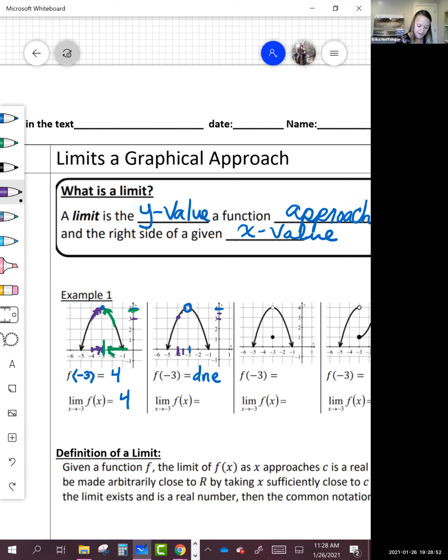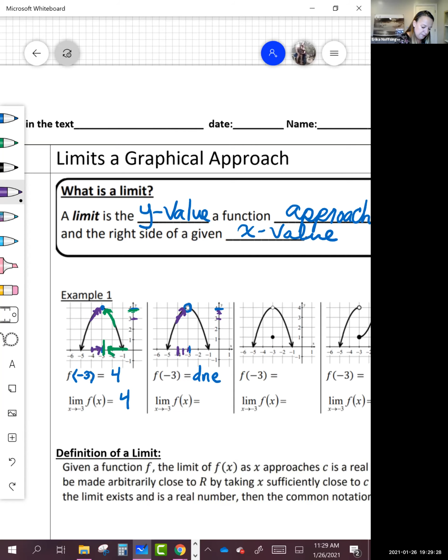If I hit maybe -3.1, it would probably be something like 3.99. So as I'm getting closer and closer, I'm never going to reach there because it doesn't exist. But the value I'm approaching is still 4. If that's happening on the right-hand side too, then that limit actually does exist, even though there's no point there. That value of x is undefined.